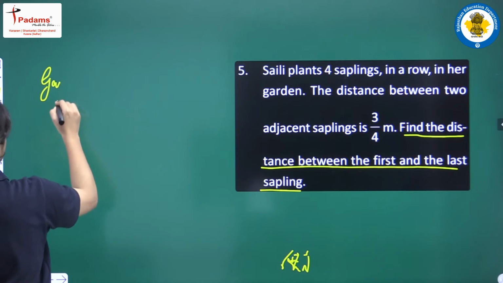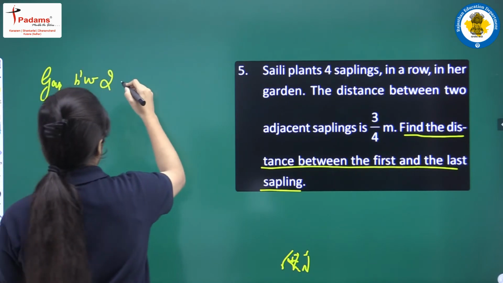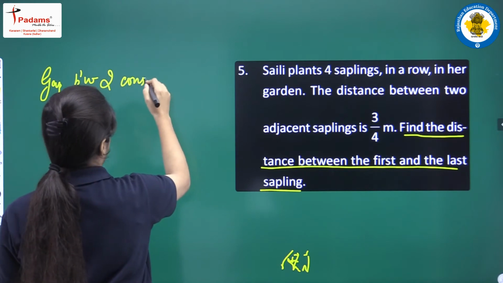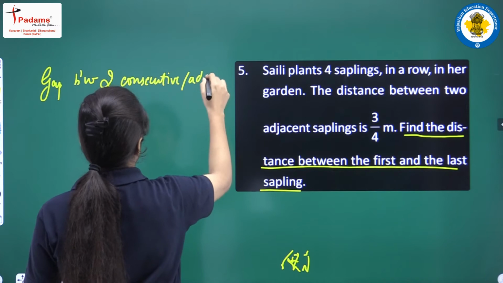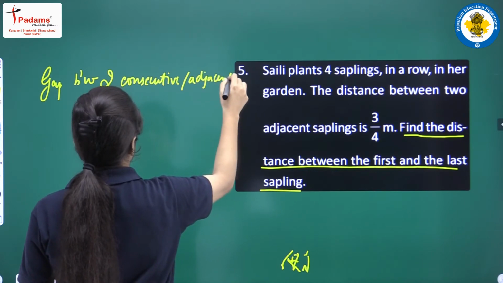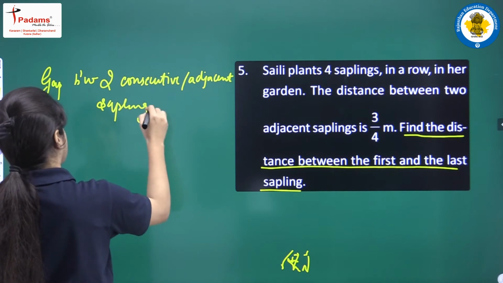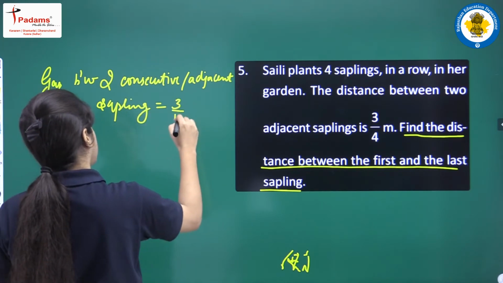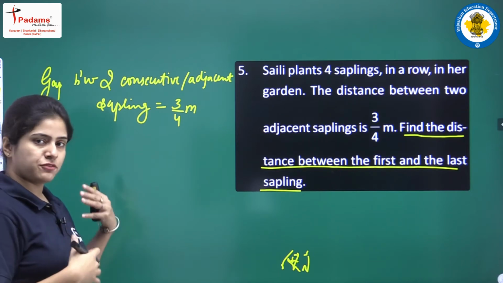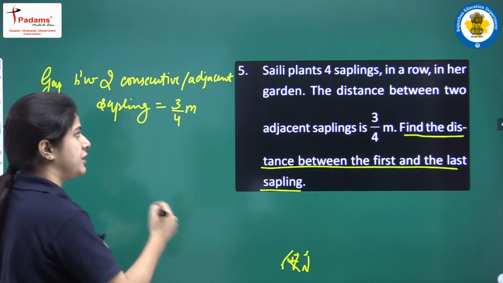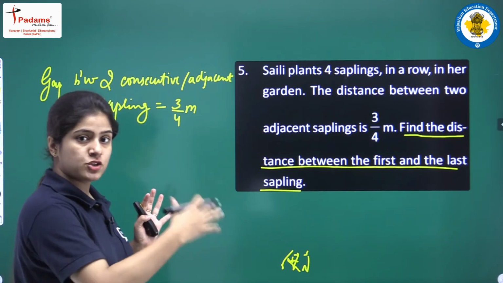Gap between 2 consecutive or adjacent saplings is 3 upon 4 meter, and we have seen already that for finding the gap between the first and last sapling we need to take the gap of 2 consecutive saplings 3 times.